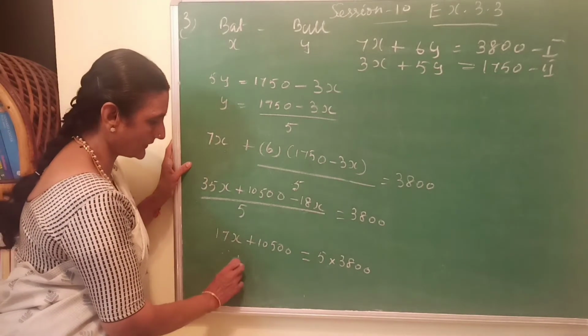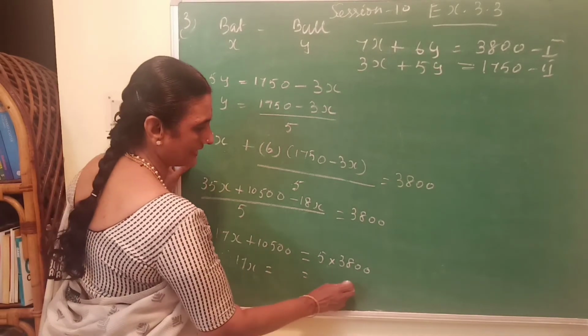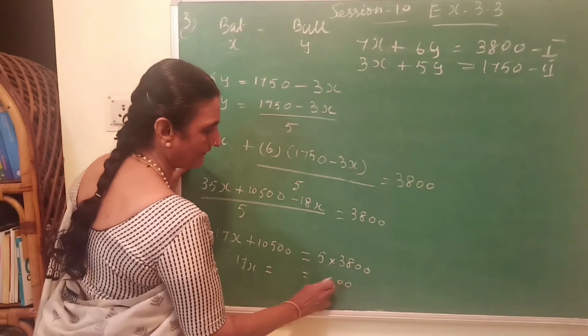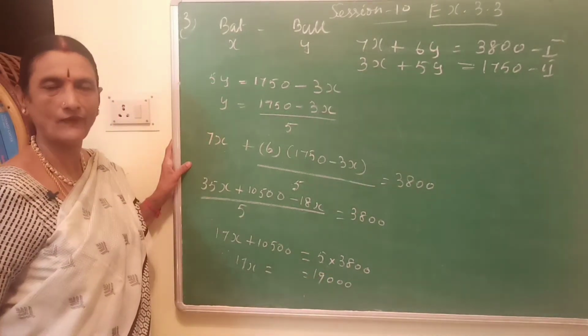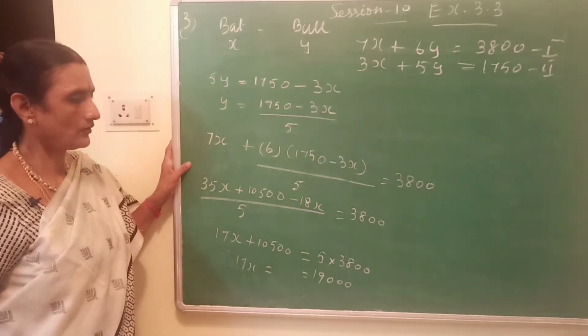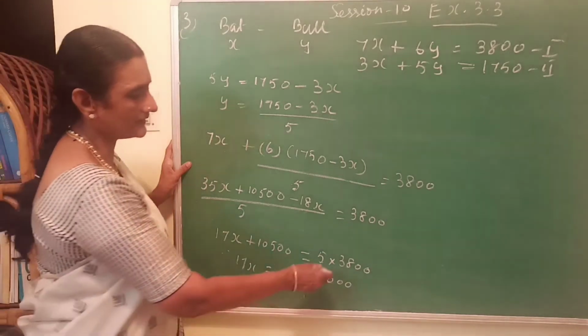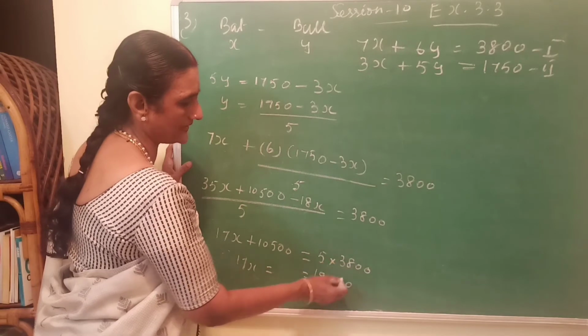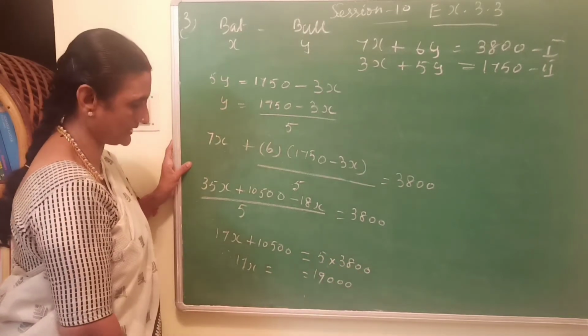Now therefore your 17x is equal to... you multiply this and tell me: 0, 0, 5 8s are 40, and this is 19,000. Are you understanding? Once again you check: 0, 0, 5 8s are 40, 5 3s are 15 plus 4, this is 19,000.